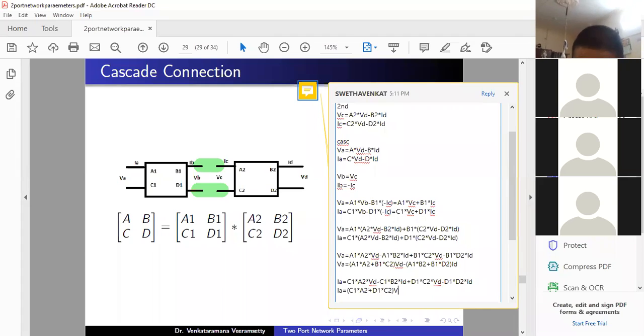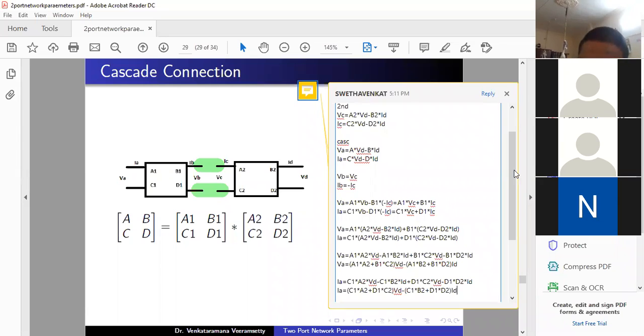And take minus ID, then we have C1 multiplied by B2 plus D1 multiplied by D2, and ID outside. I'm taking the ID outside. Is it okay? Right.